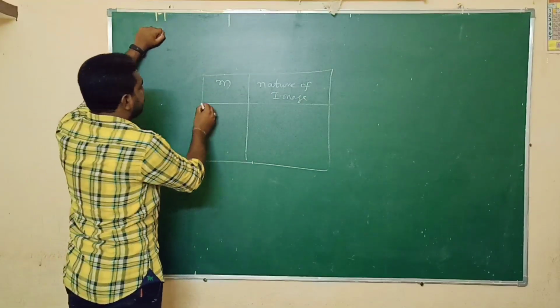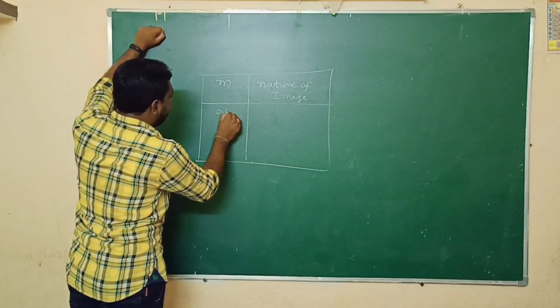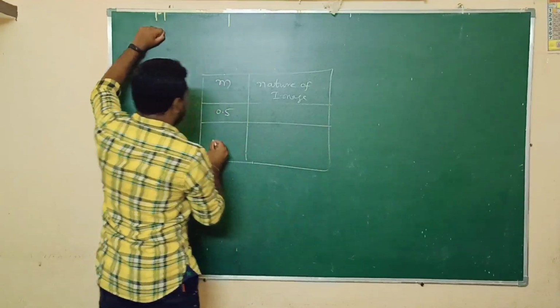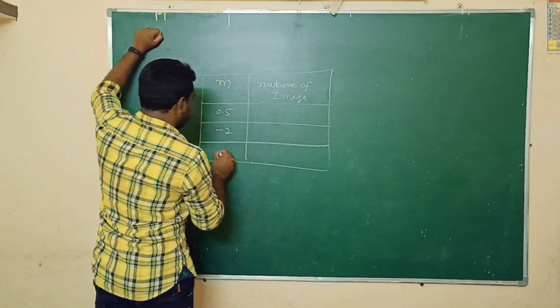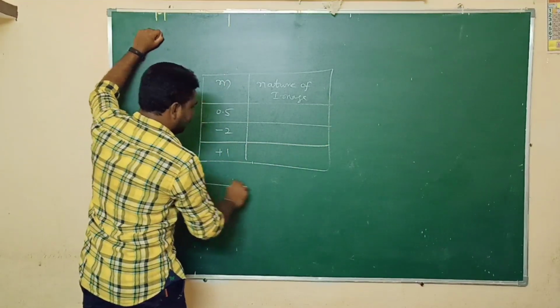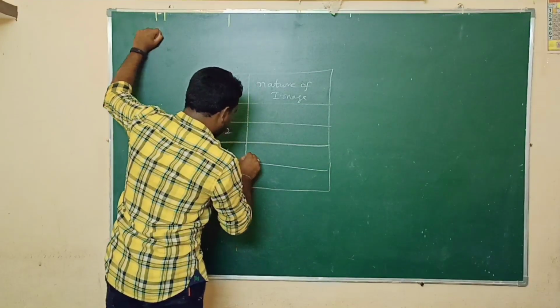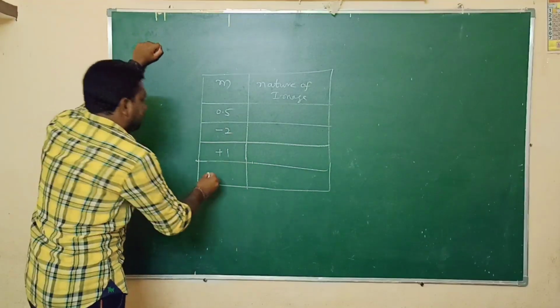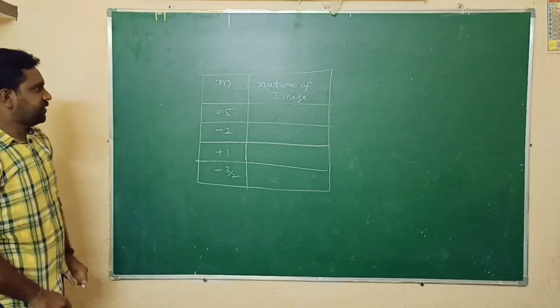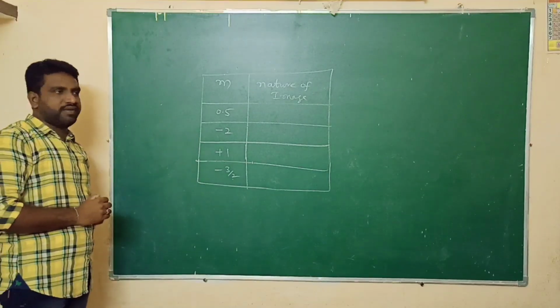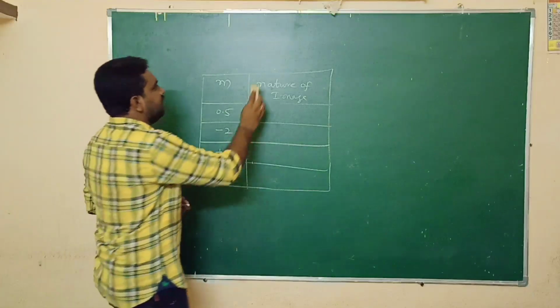So your magnification values are like this: 0.5, -2, +1, and we consider one more here, -3/2. So these are the magnification values. Based on these magnification values, we should write the nature of the image.